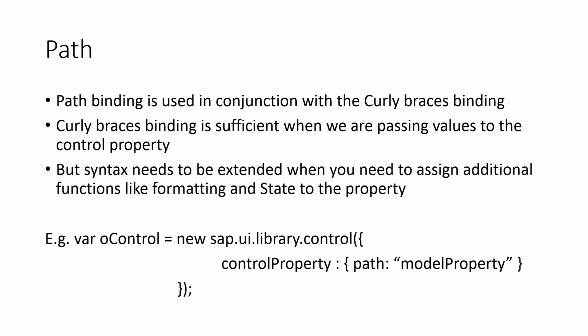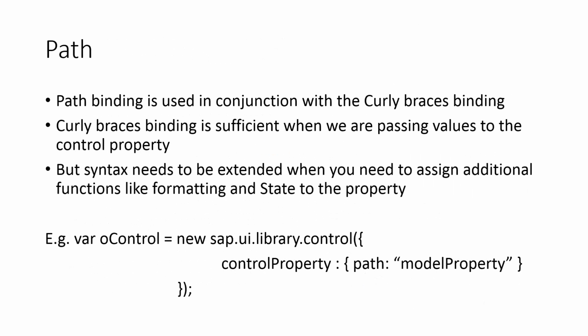And the last type would be path. Like I have told you, it's completely similar to the curly braces syntax. The only difference is that along with the value that I wanted to bind, I also specify some other information. So this time I'm not going to use the curly braces inside, but instead I'm going to pass the value to the property as an object.